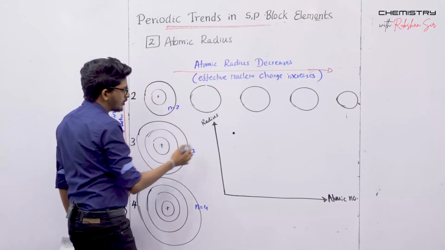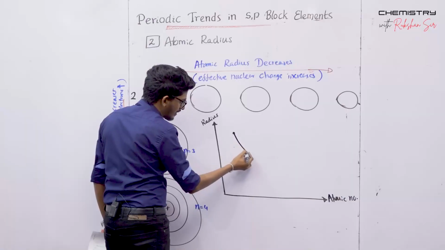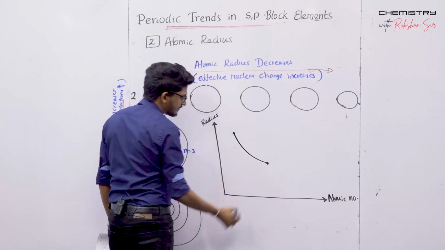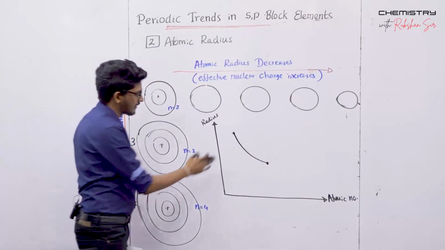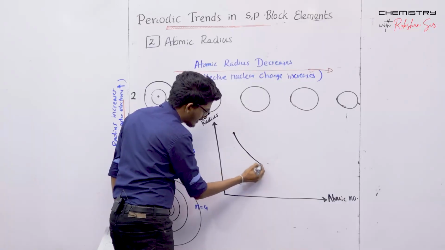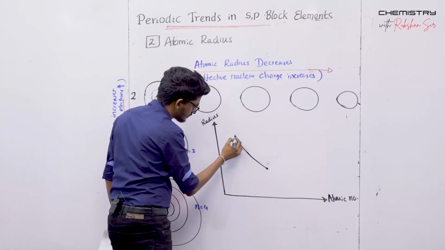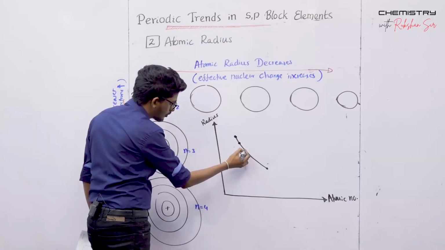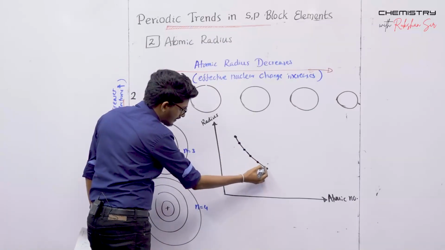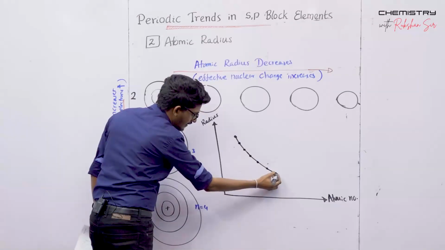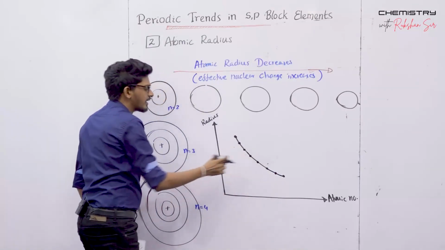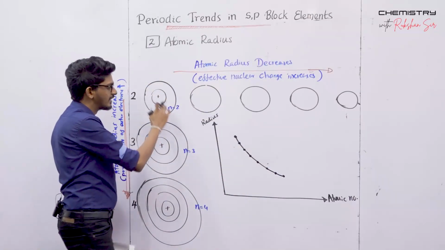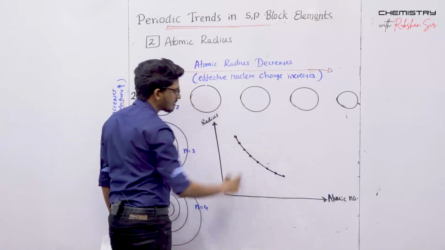At the first group you have the maximum value, then it gradually decreases like this. So this is 2, 3, 4, 5, 6, 7, 8. Going towards the right, you have 8 elements, and the atomic radius gradually decreases.